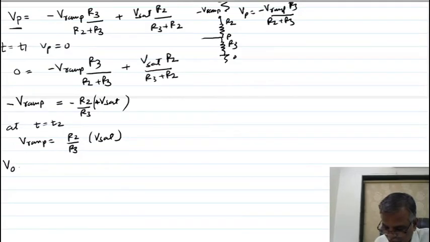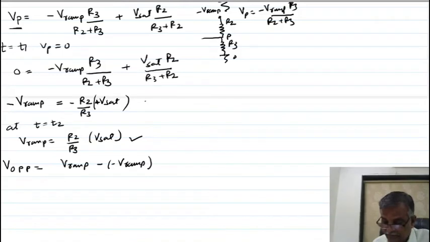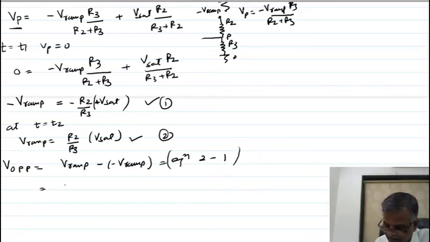The output voltage peak to peak is nothing but plus V ramp minus minus V ramp, this voltage minus this voltage. This is equation 2 minus equation 1, so I get 2 R2 by R3 V set.